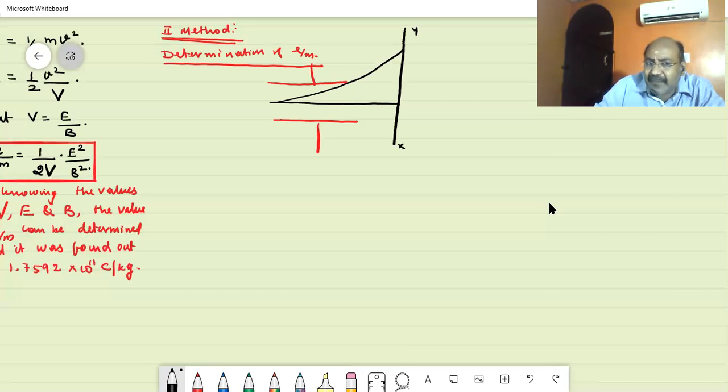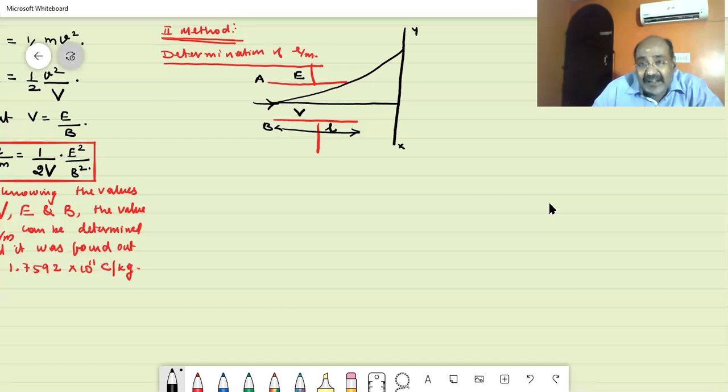These two are the deflector plates A and B. Let us consider the length of the deflector plates as L. The electron beam is entering with the velocity V. The electrical field E alone is acting in between the two plates over the length L. So when the electrical field alone is applied, due to the force E into e, the force due to the electrical field, the electron beam is getting deflected from the point O to the point P. So what is the amount of displacement produced on the screen? Let us consider it as Y.